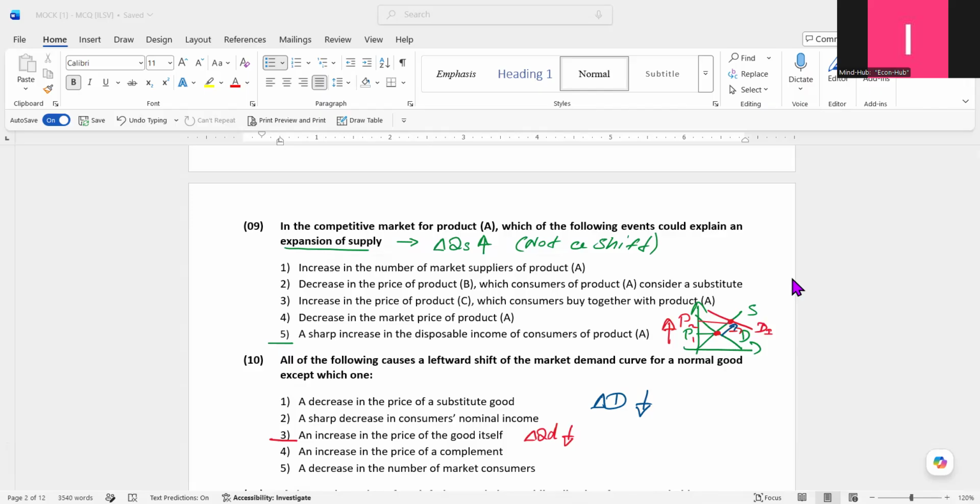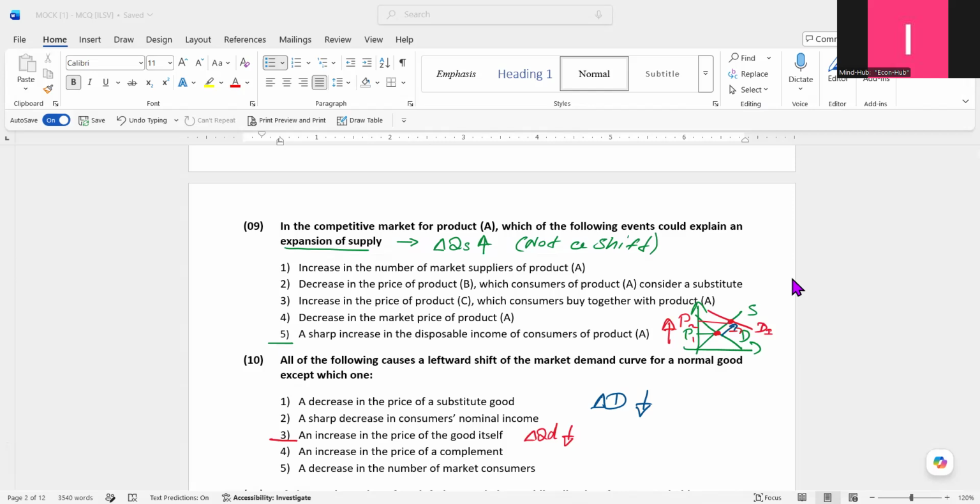And number 4 looks at a change in price in the opposite direction. We want an increase in price, not a decrease in price.